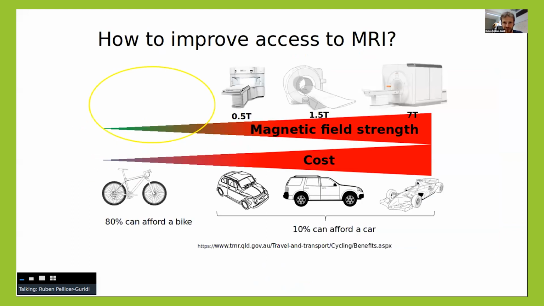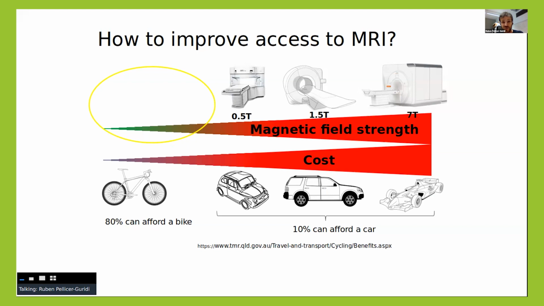And what can we do to make it more affordable? We can see a comparison with cars and transportation methods. We have very high-end cars that can do unbelievable record-breaking times and performance. We have the equivalent in the MRI world, but in that world of MRI, it's missing the equivalent of the bicycle.